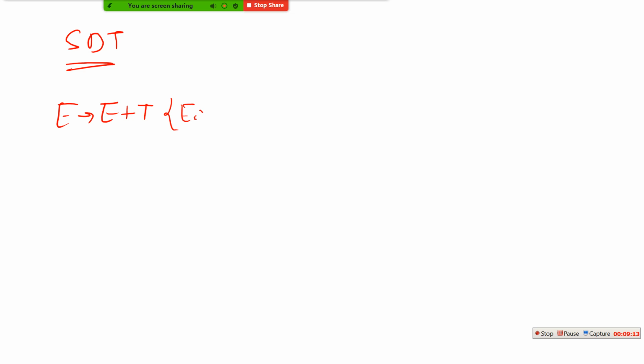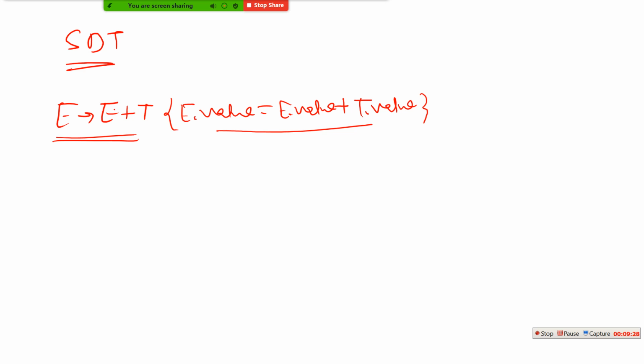The semantic rule is E dot value equals E dot value plus T dot value. This semantic rule is telling me that in this grammar I need to add the value of this E with this T. So this is one SDT transition.